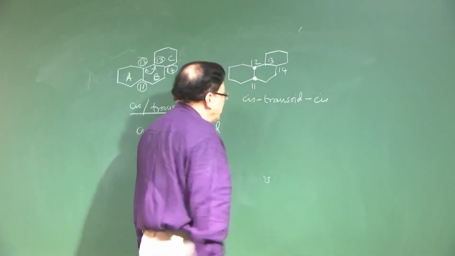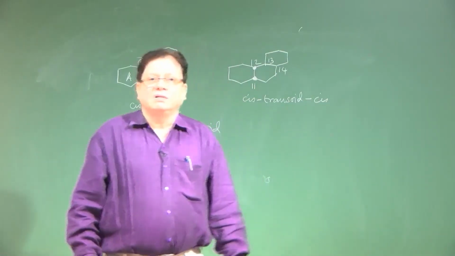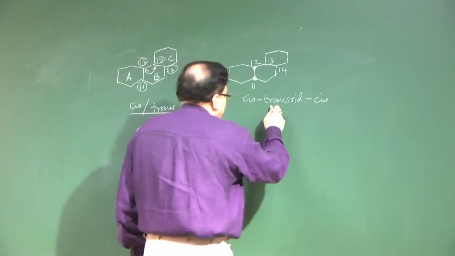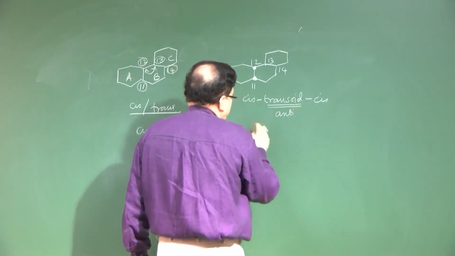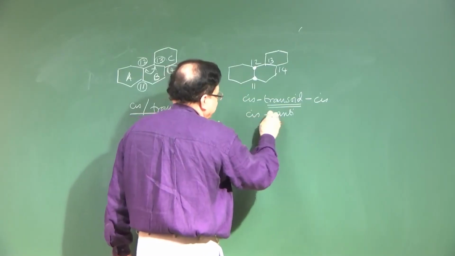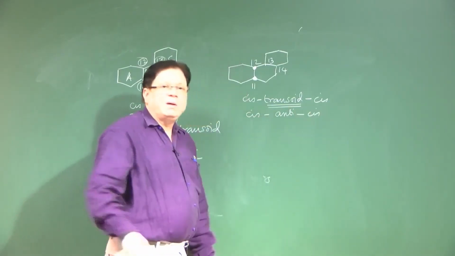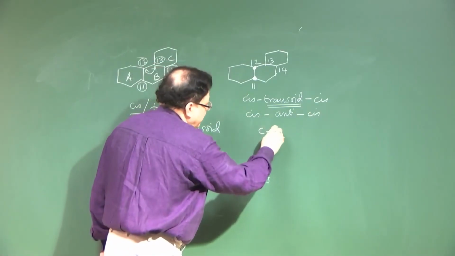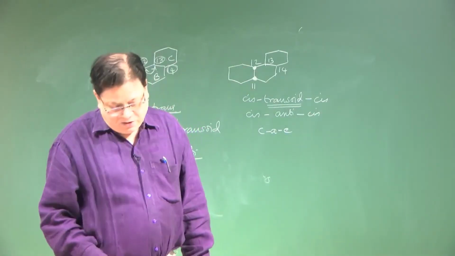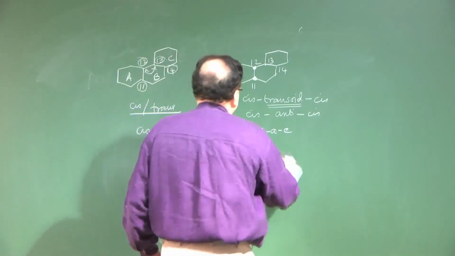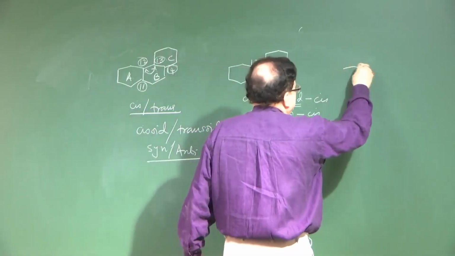So, this will be called cis transoid cis, okay. Right now, for simplicity, we call it anti, and so that will be cis anti cis, which can be abbreviated as CAC, cis anti cis, okay.